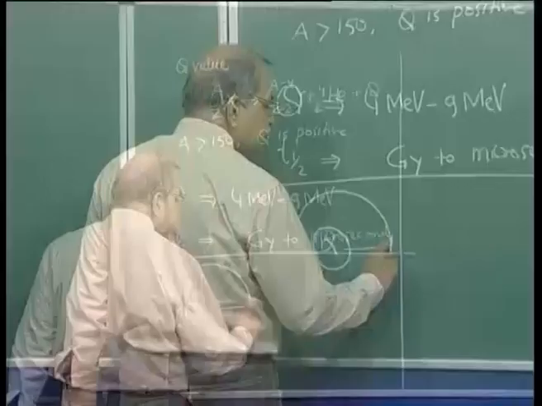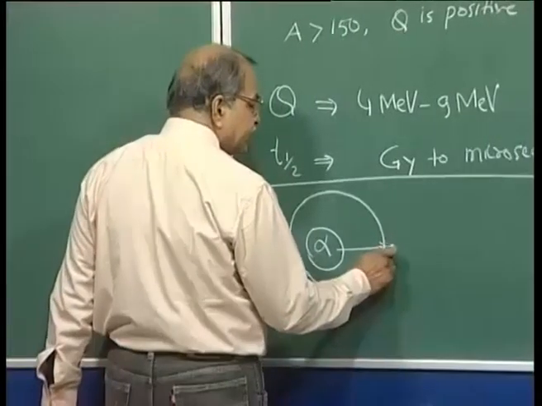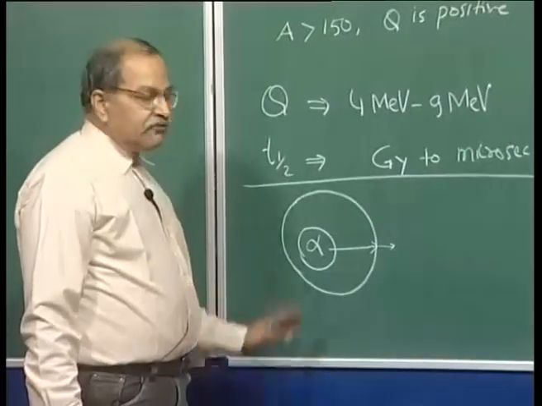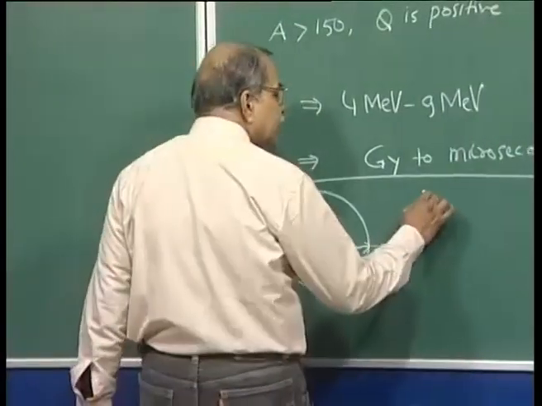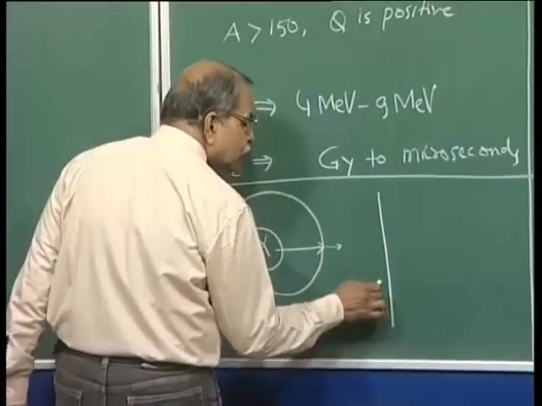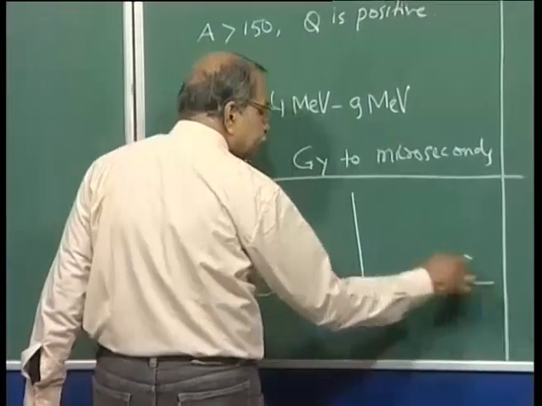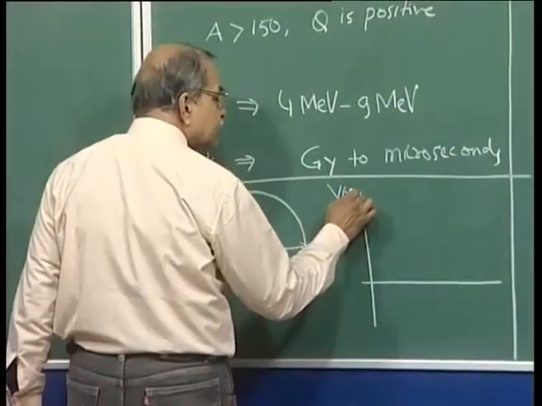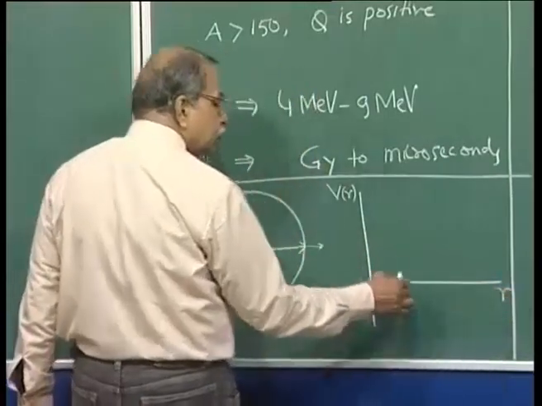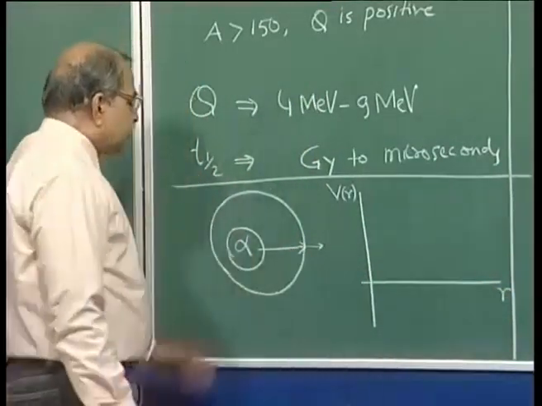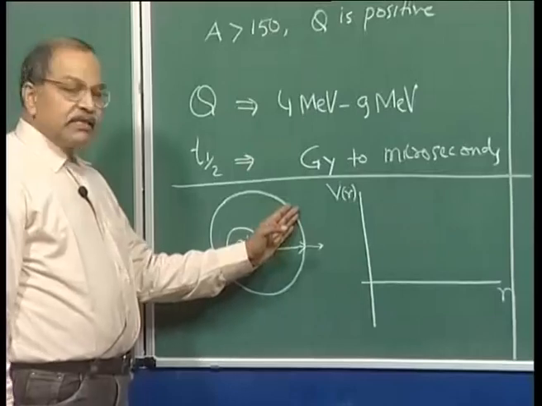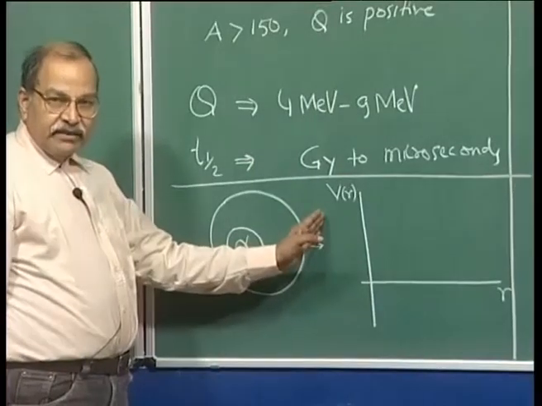It moves inside the nucleus, reaches the surface, and tries to come out. Then we looked at the potential, which was something of this sort: V this side, R this side, and two regions you can mark, when the alpha particle is inside the nucleus and when it is outside the nucleus.